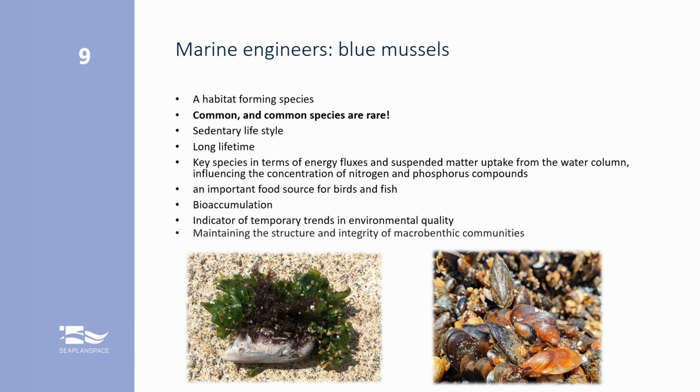Of course, as a key species, it is also an important food source for birds and for fish. It is also used nowadays as an indicator of temporal trends in environmental quality, both in environmental monitoring and specifically biological monitoring. It also maintains the structure and integrity of macrobenthic communities, which is a very important feature of a key species.